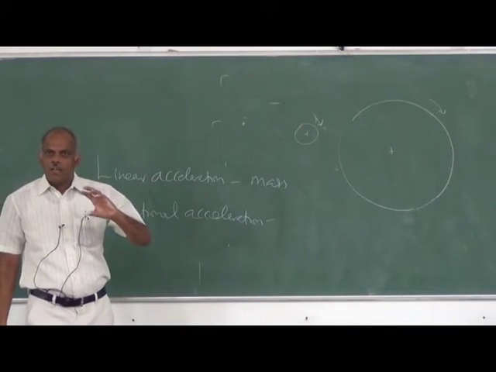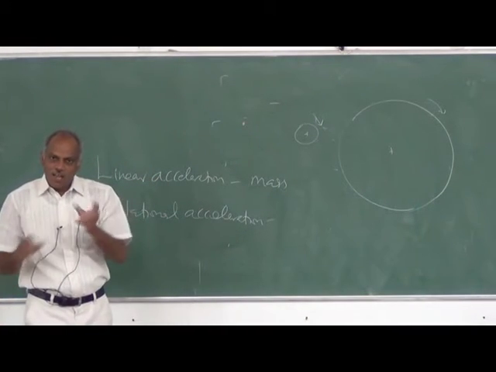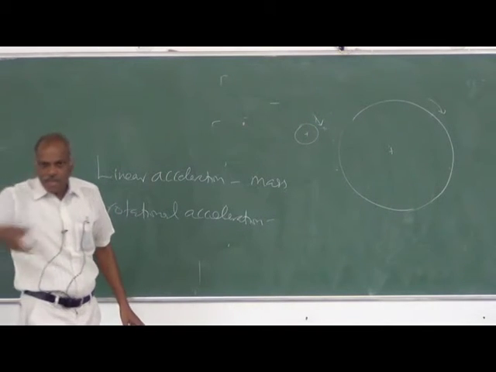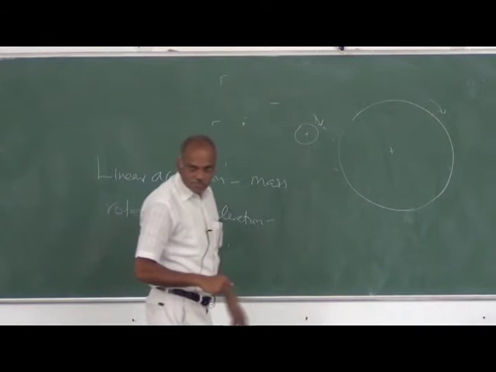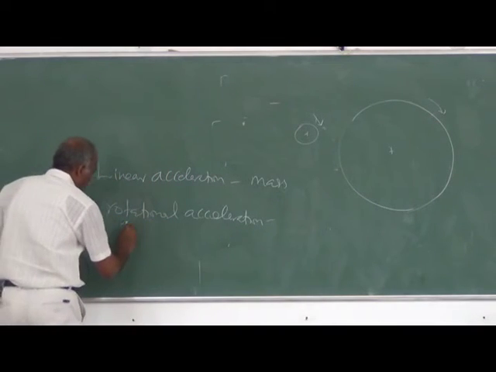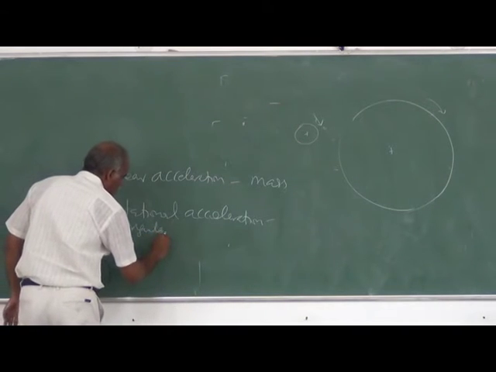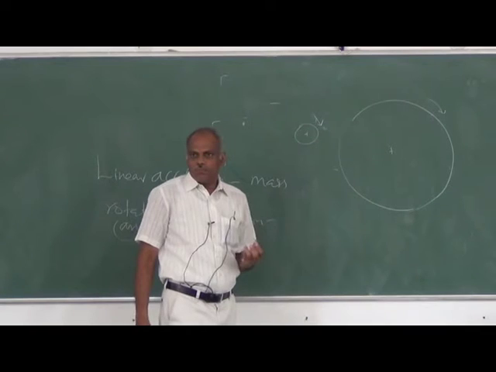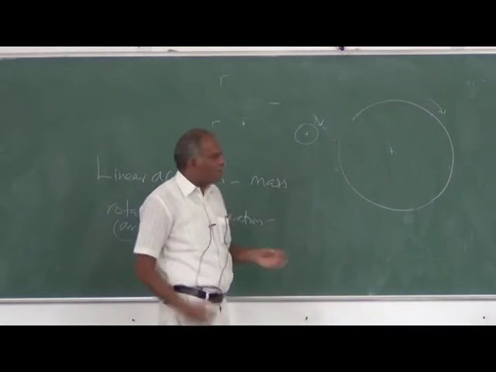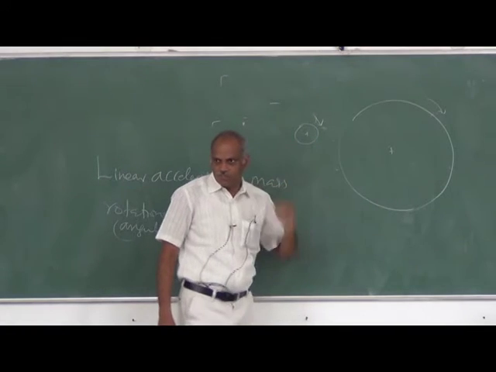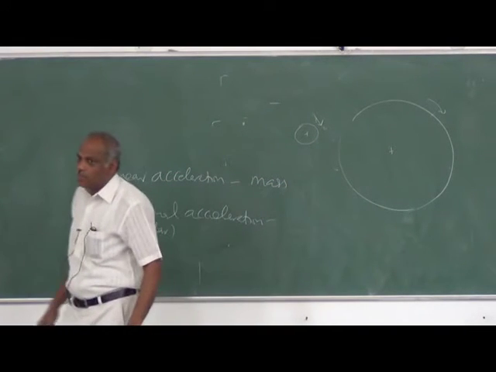Then given the torque, how do you quantify which is going to have more resistance to angular acceleration? So you have the angular acceleration. How do you quantify that this has more resistance compared to this? What is the property?